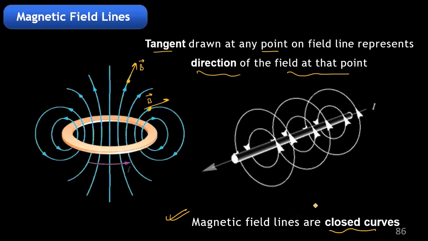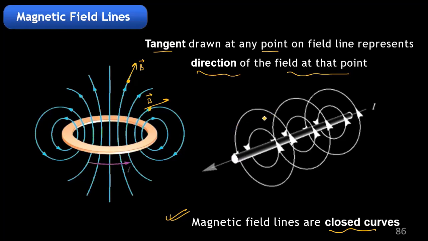That means this is the deviation from the electric field. So what about the electric field lines that we learned so far? Those electric field lines can never exist as closed curves. But in the later part of this magnetism chapter, once we deal with electromagnetic induction, you will see another type of electric field lines. That's called the induced electric field line. Those induced electric field lines will always exist as closed curves.